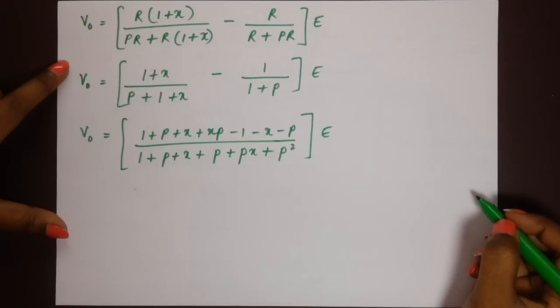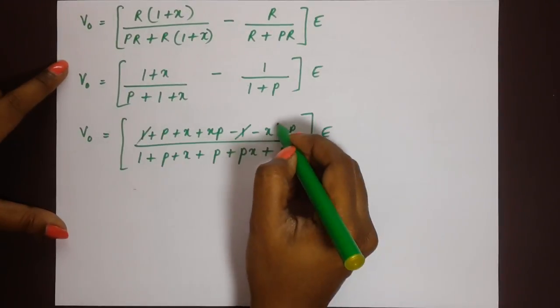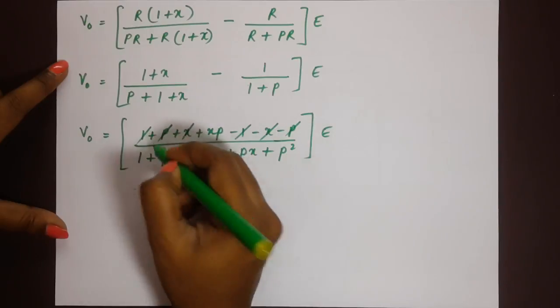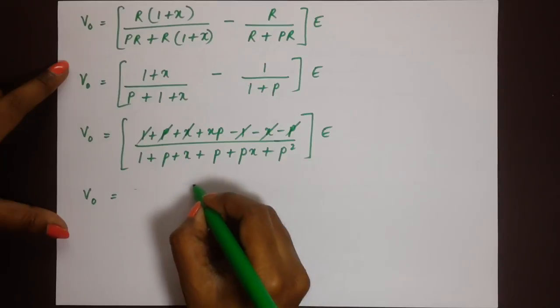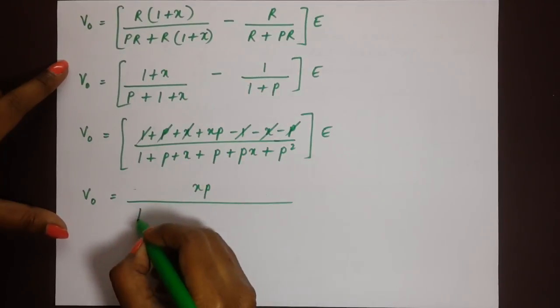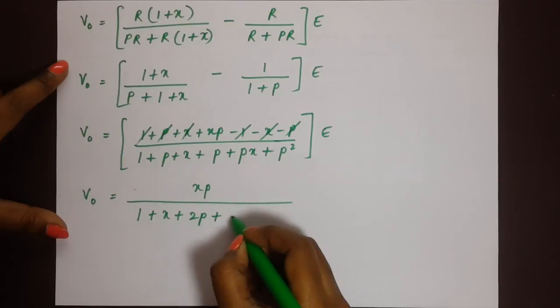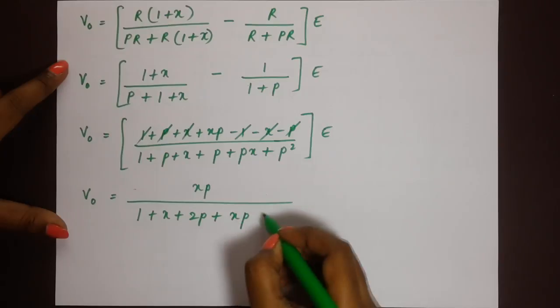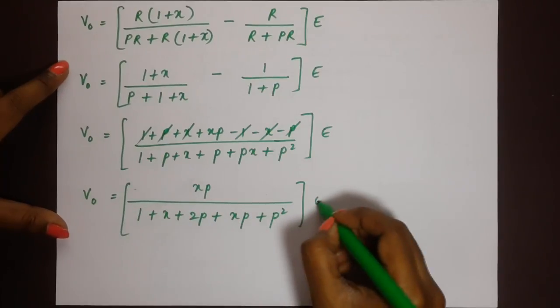Now in the numerator a number of things cancel out. We see that 1 cancels out, X cancels out, and P cancels out as well. So we are now left with XP in the numerator divided by 1 plus X plus 2P plus XP plus P square, into E.